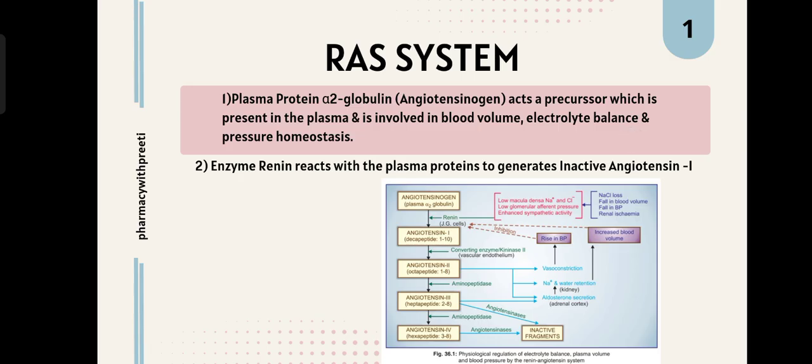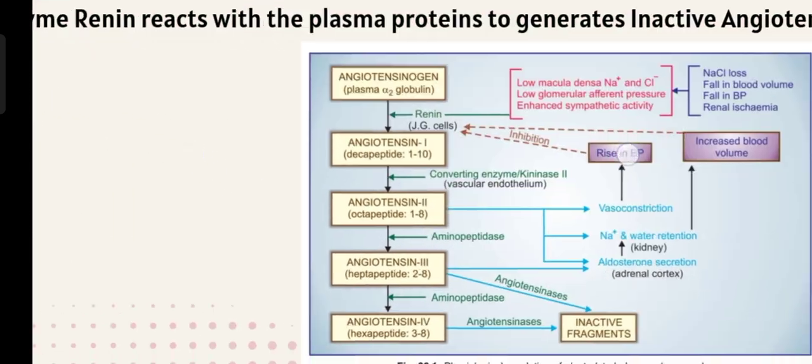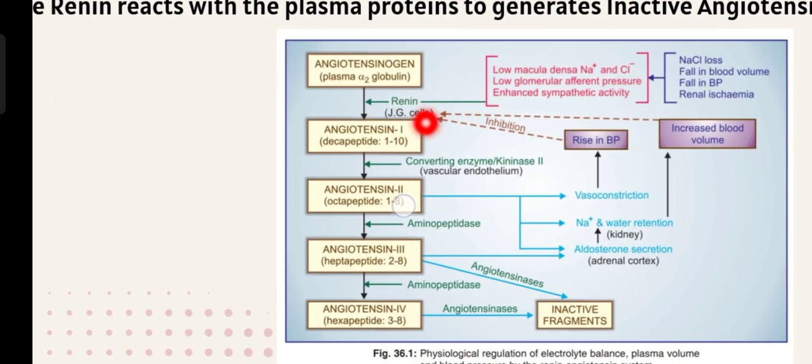So let's begin. When there is reduced blood pressure, reduced blood volume or electrolyte imbalance, the juxtaglomerular cells of the kidney will convert the prorenin into the active renin.